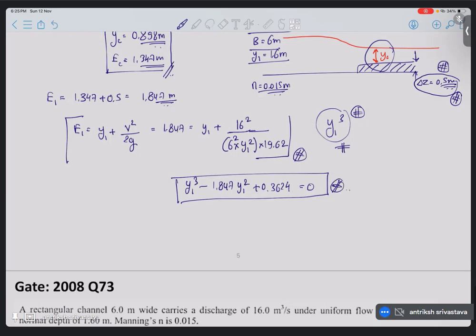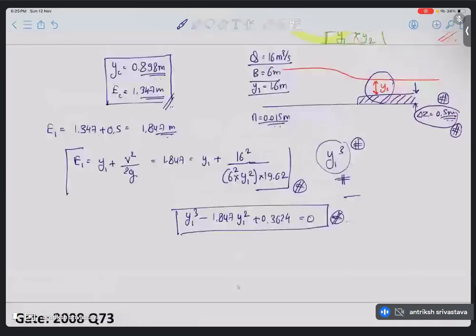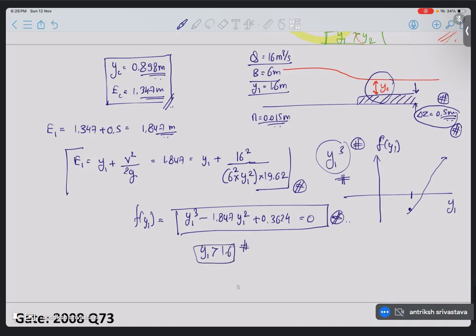Now, if you try to solve this, or if you plot this, this is your f(y1), and this is your y1. You will see that the plot is going to be cubic, but at 1.6 the value of this function is negative. That means only a y1 greater than 1.6 is going to suffice to be the root of this cubic equation.